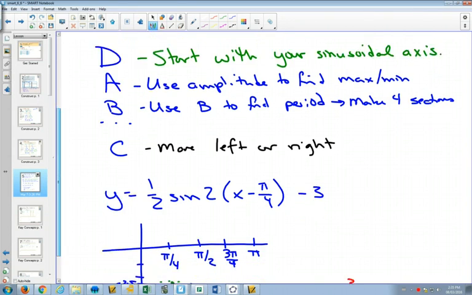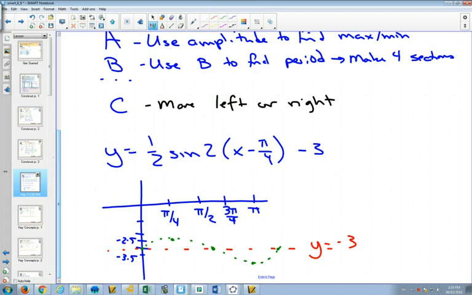So we go back to our graph. Our starting point here, now if you move pi over 4 to the right, can you see that it would go there? This first maximum, if you move pi over 4 to the right, it would go there. And this one's a nice transformation because we've already got our x-axis separated into sections that are pi over 4. So it's easy to move things over.